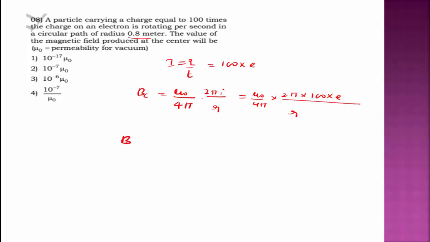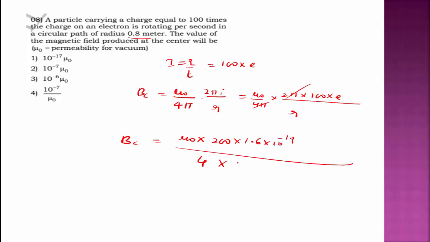Then the magnetic field at center is equal to mu naught into 200. 100 into 2 is 200, into electron value 1.6 into 10 to the power of minus 19, divided by, here 5 value cancels, 4 into the radius value 0.8.